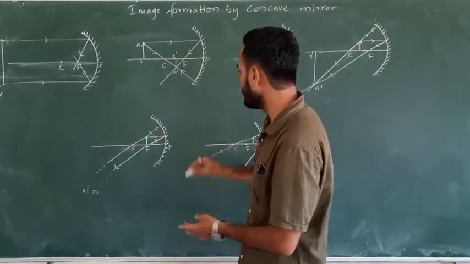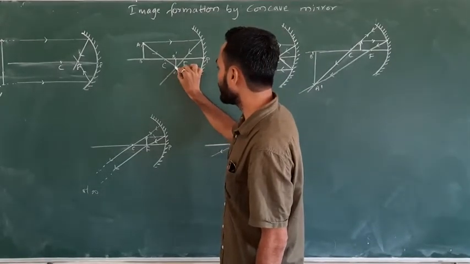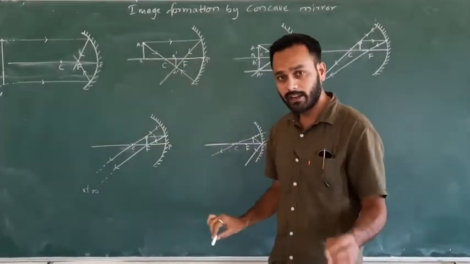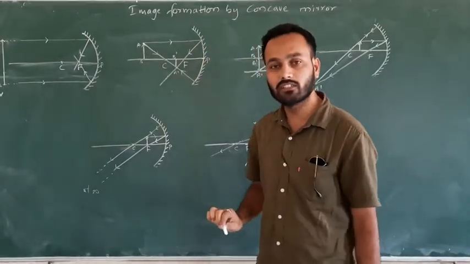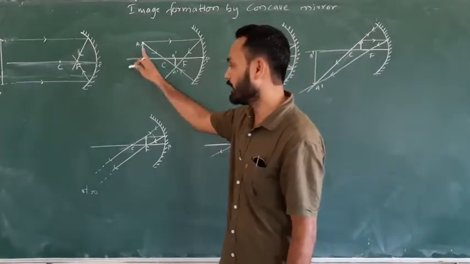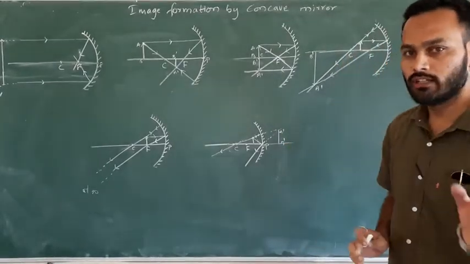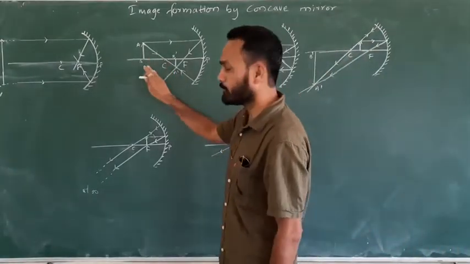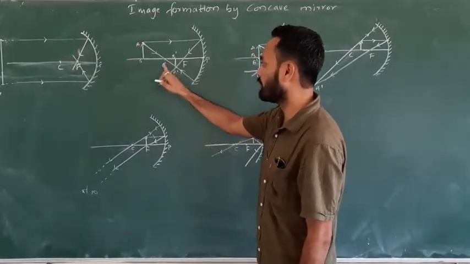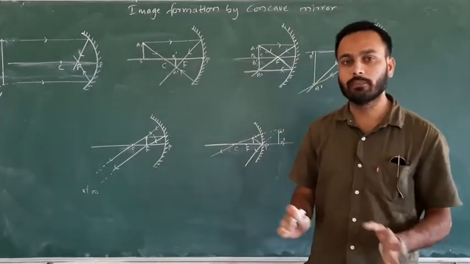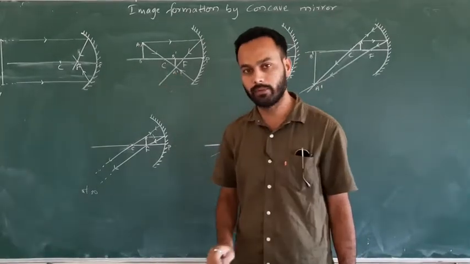You can see these are the two reflected rays intersecting at this point. At this point of intersection, the image A'B' is formed of the object AB, which is placed beyond C. So the object position is beyond C and the image is formed between F and C. Now coming to the size, just compare the size of the object with that of the image.